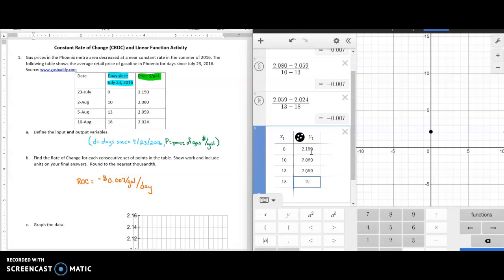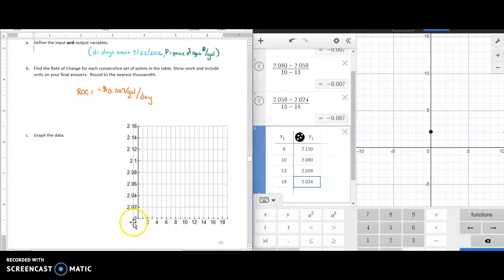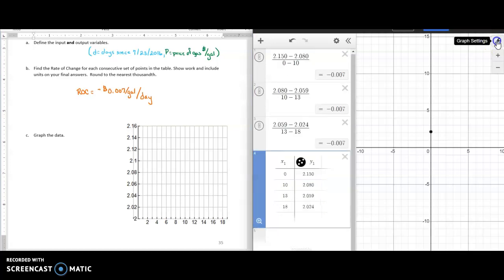And the last output, 2.024. Now if I look at my graph, my window is going from about negative 1 to 19. So I'm going to click on the wrench.